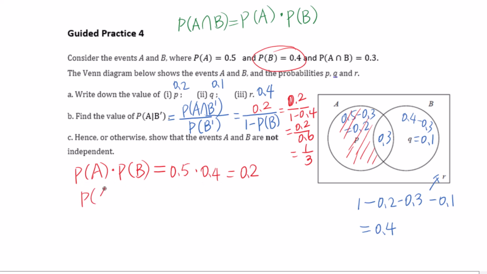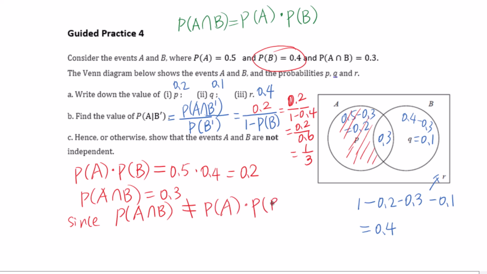Then the probability of A intersection B equals 0.3. Since the probability of A intersection B is not equal to the probability of A times the probability of B, events A and B are not independent.